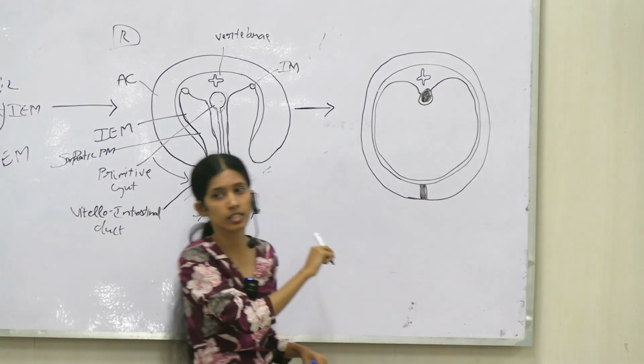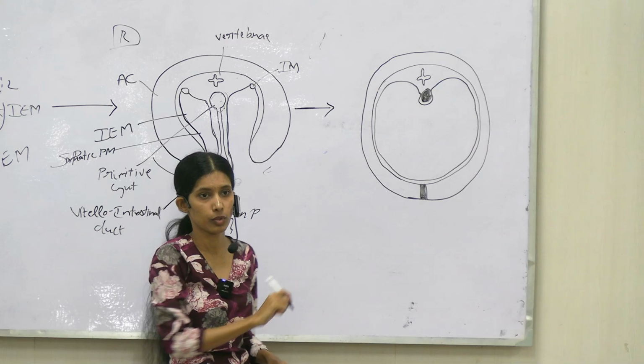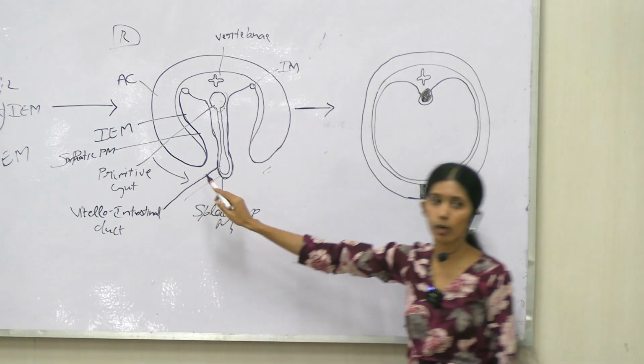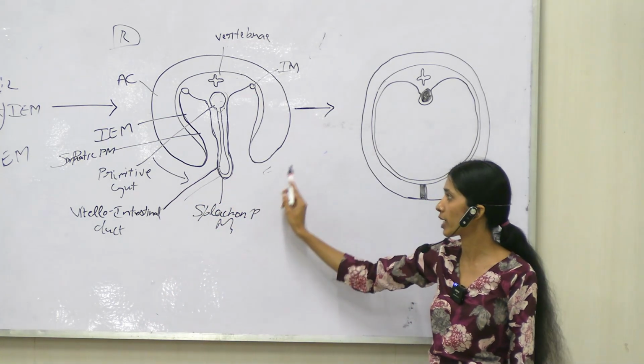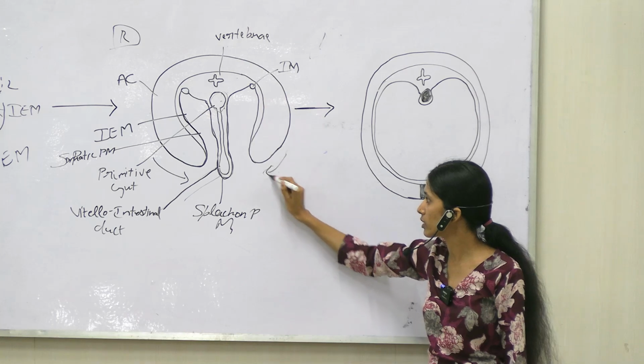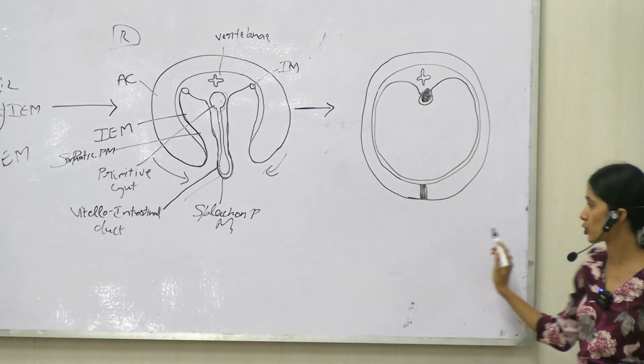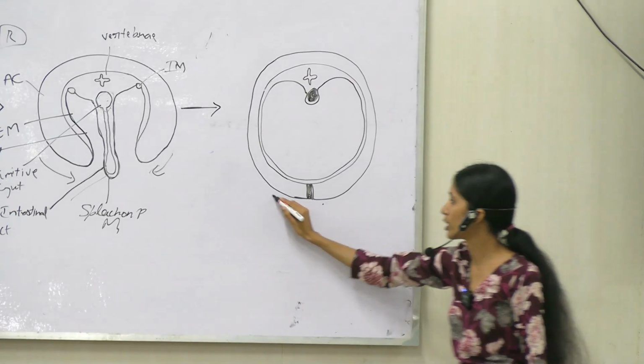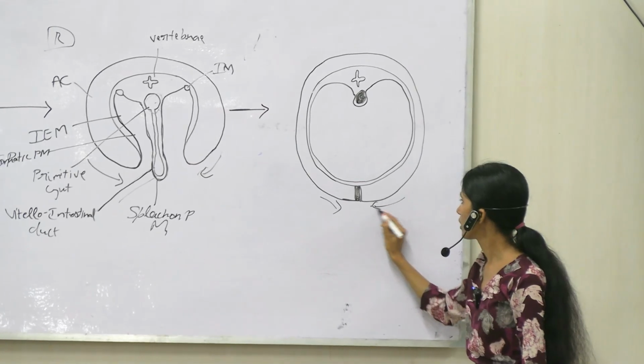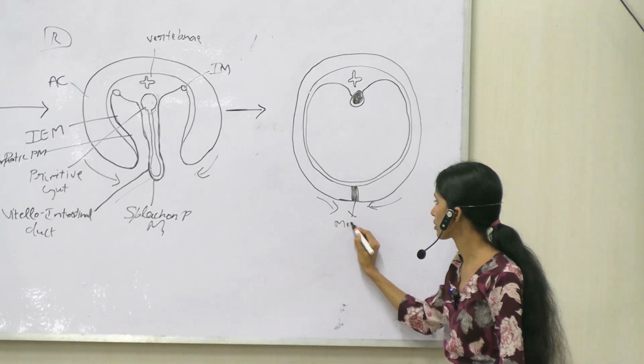So now this is how the lateral foldings will look. From this point, as I already mentioned, the right and left ends are moving towards each other. Now here they have met with each other. This is the meeting point.